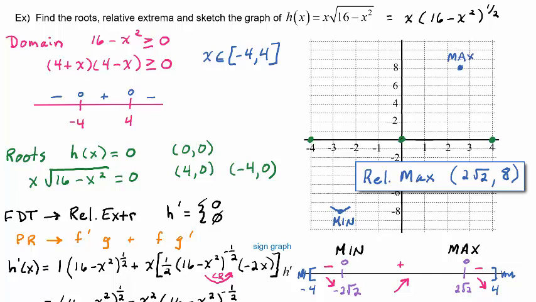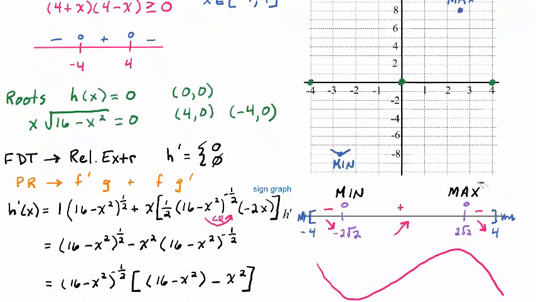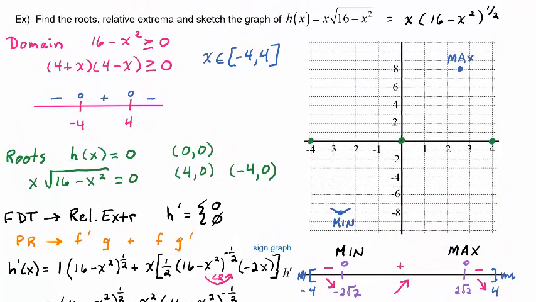And remember, we know the overall shape here. Because of our sine graph, we know the function's going to increase, have a horizontal tangent where the derivative is 0, and then decrease. So we know that the shape of the graph at the max will look like this, and then we just have to connect the dots. There's nothing on the graph outside of -4 and +4 because of this domain.